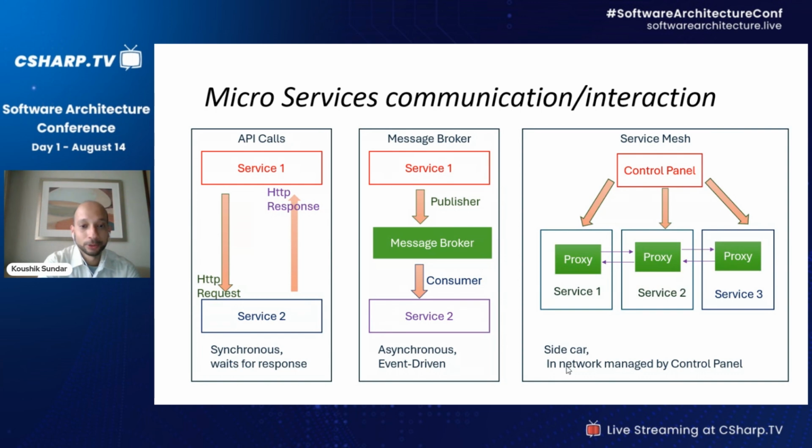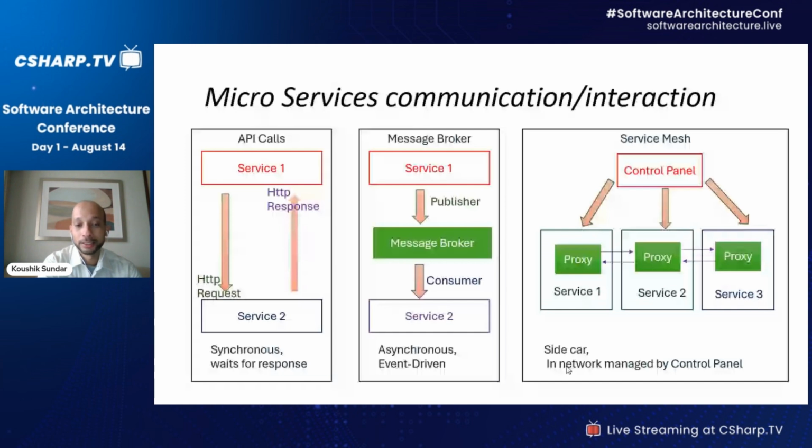Next is the messaging broker, which we will deep dive into after this one. Just to give a high level, service one, let's say a shopping cart, publishes the list of products in the cart to a messaging broker, and the consumers, like a dispatcher, will consume them in sequence, or in whatever order we define, process that order and dispatch it.